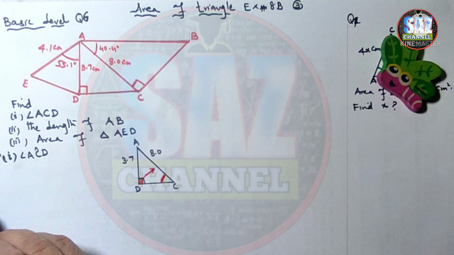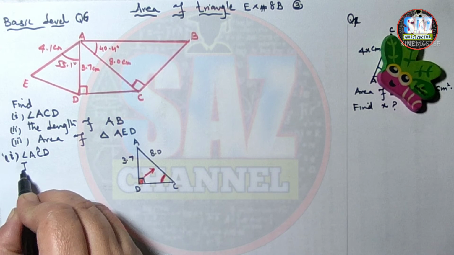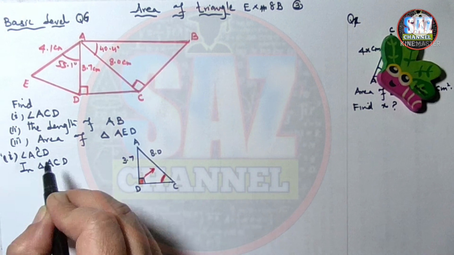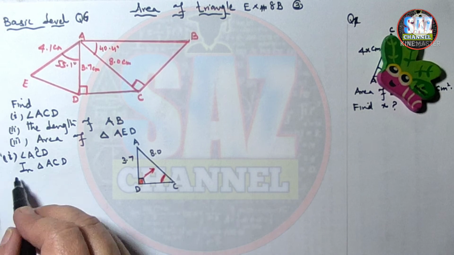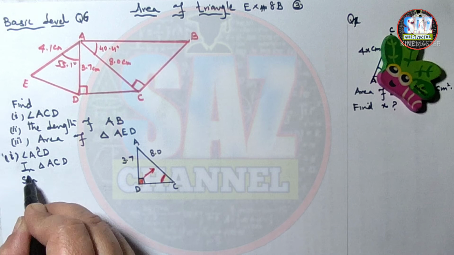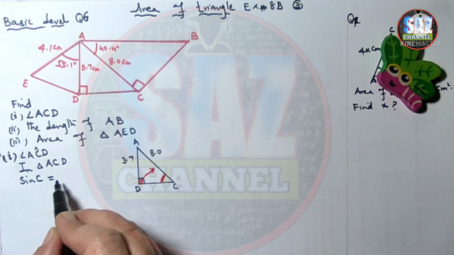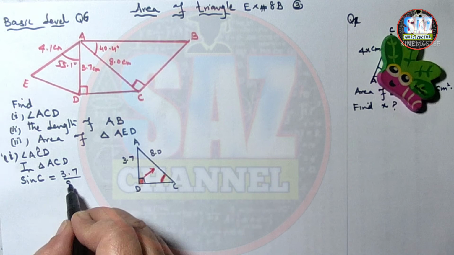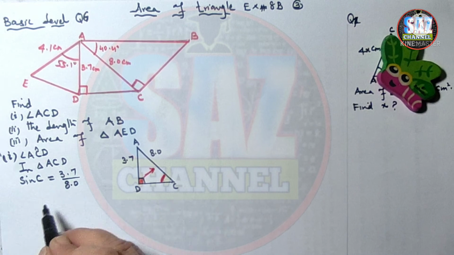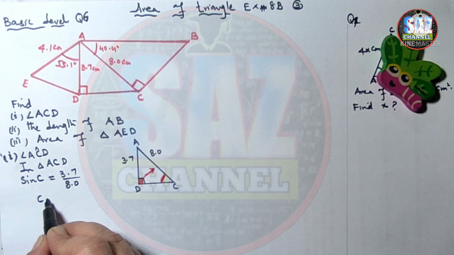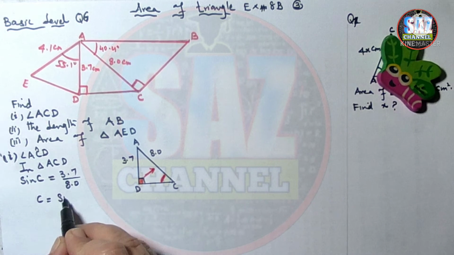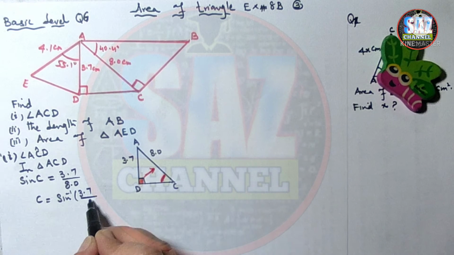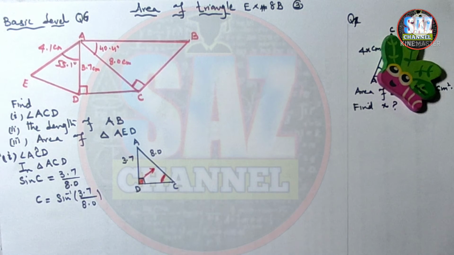So in triangle ACD, sine C will be equal to opposite, which is 3.7, upon hypotenuse, which is 8.0, or C equals sine inverse of 3.7 upon 8.0.